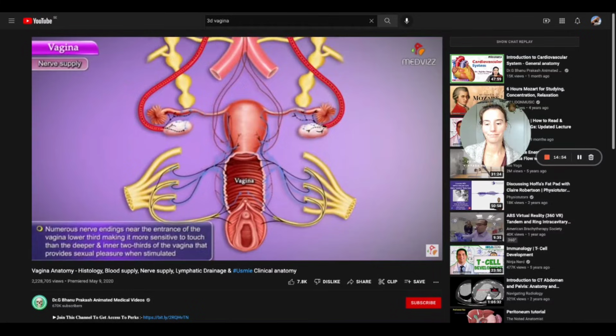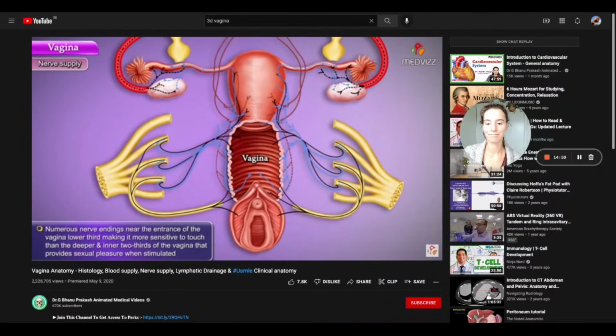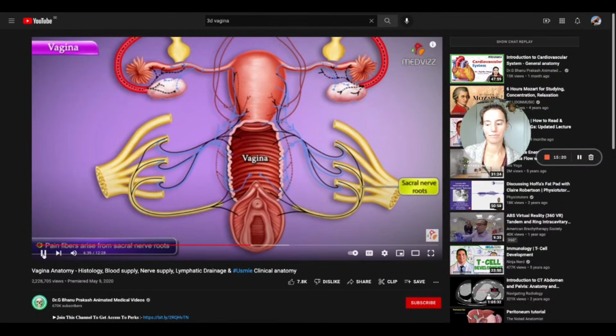There are numerous nerve endings near the entrance of the vagina, which is the lower third, making it more sensitive to touch than the deeper and inner two thirds of the vagina, that provides sexual pleasure when stimulated, and sensory fibers arise from the pudendal nerve, while pain fibers arise from sacral nerve roots.